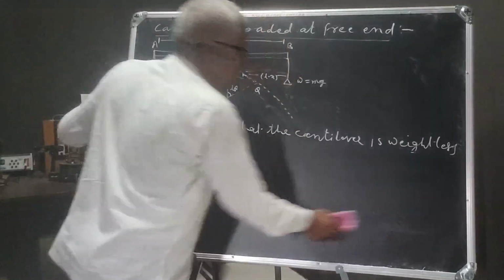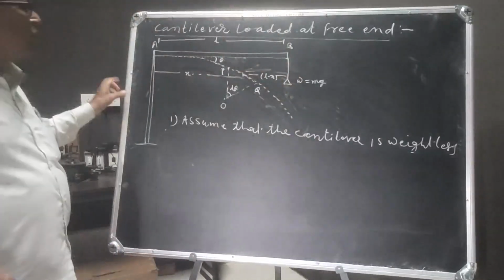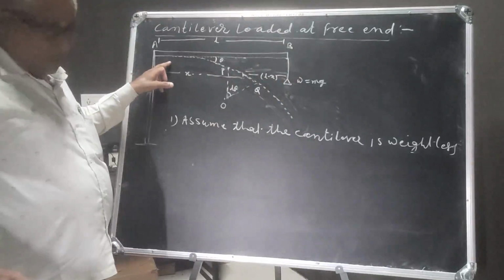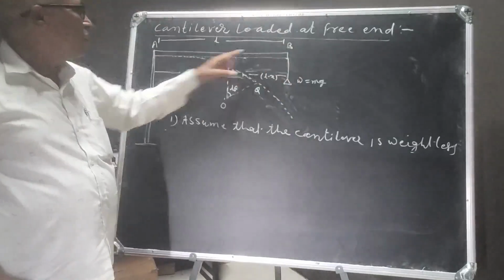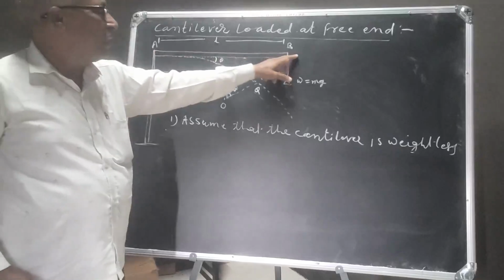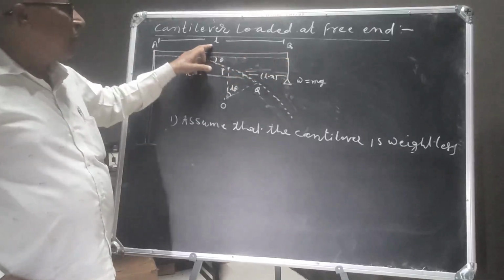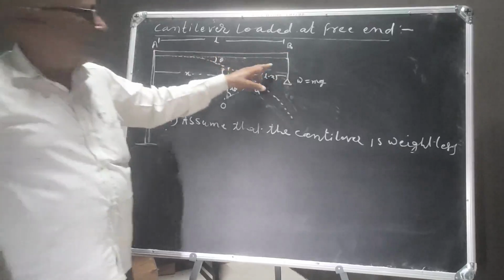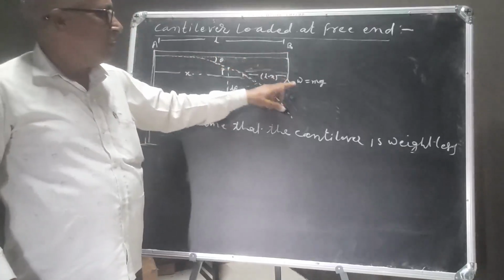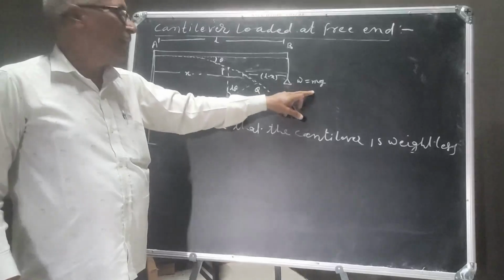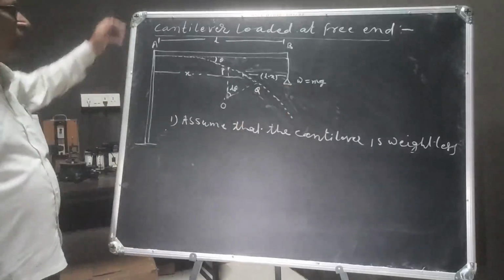Now, for this, we have drawn this figure, and in this figure, AB is the cantilever, its length is L, and a load is suspended at its free end. That load equals mg and is suspended at its free end.